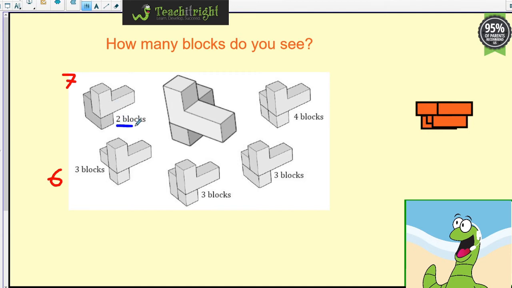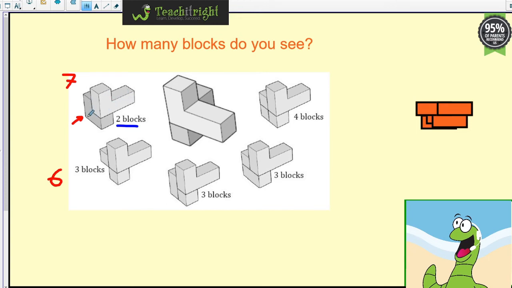So for example here, we know it's made up of 2 blocks. How would you describe these two? Well, I'm just going to show you a cool little naming trick that I quite like, in terms of saying it verbally if a teacher asked me, but also just saying it to myself. I would say this block here is an L-shaped block, and this block here is an L-shaped block. But there's obviously a difference between the two. So how could you differentiate between them?